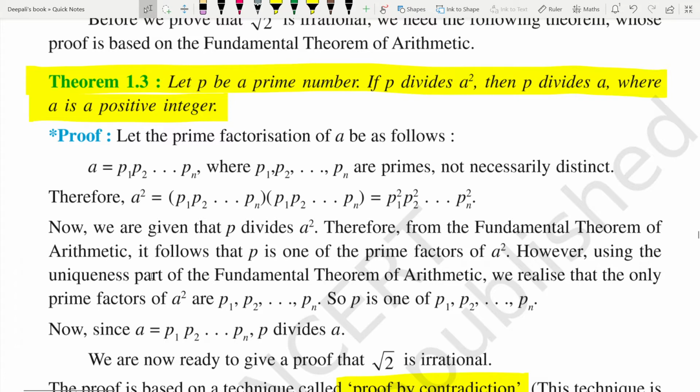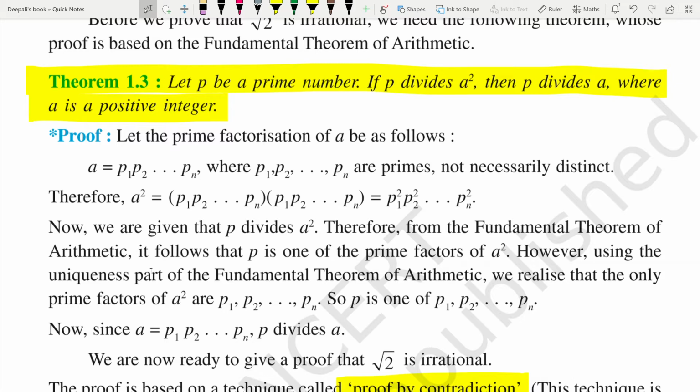Let the prime factorization of a be as follows: a is equal to p1, p2 till pn, where p1, p2 till pn are primes, not necessarily distinct. Therefore, a squared is equal to p1, p2 till pn into p1, p2 till pn, which is equal to p1 squared into p2 squared into pn squared.